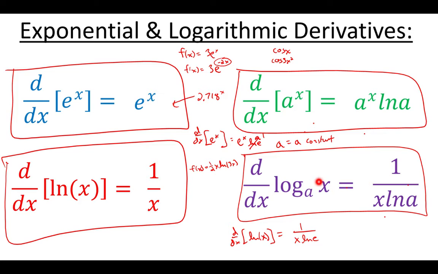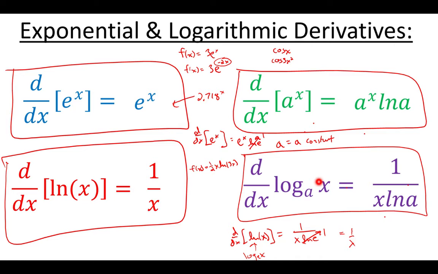Because if you remember, natural log is actually log base e of x. It's the same thing. So it would be like saying log base e of e, and so they would actually just cancel out. It just goes to 1 as well. So that's why you'd end up with 1 over x.